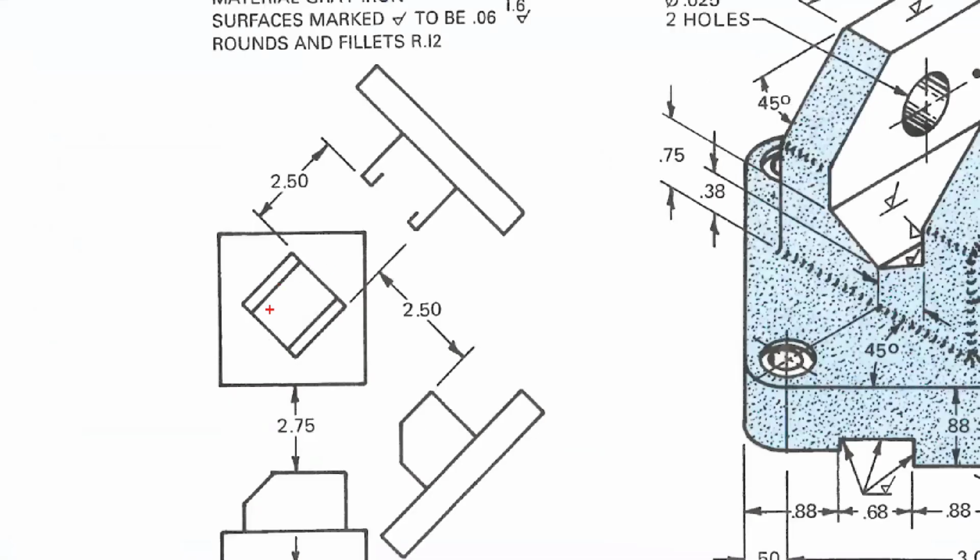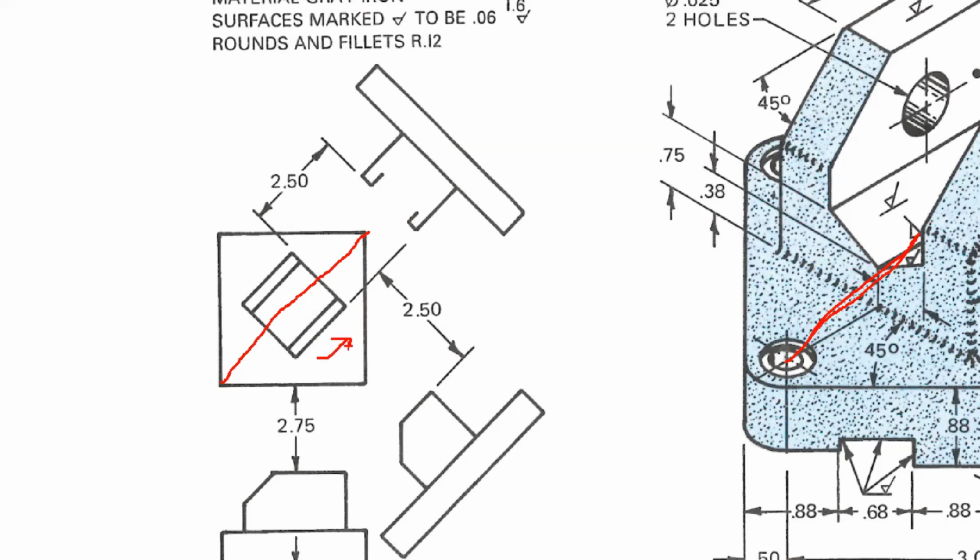This block piece is centered across this way, but it's not centered that way. The center of it passes through these corners with this center line here, right?